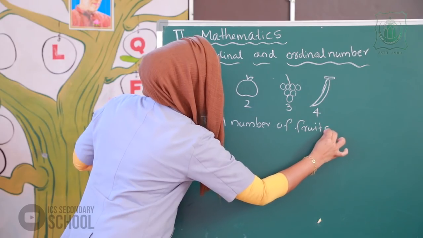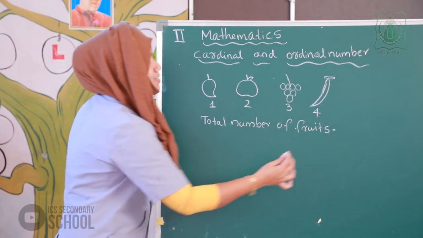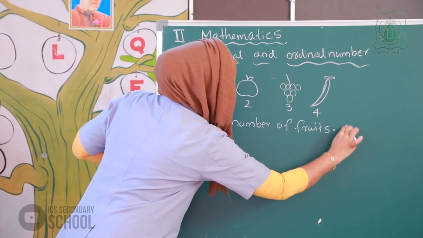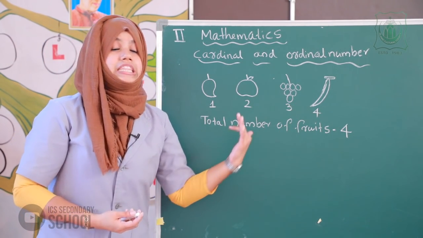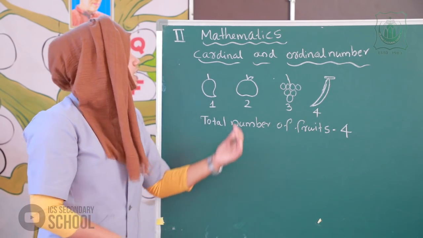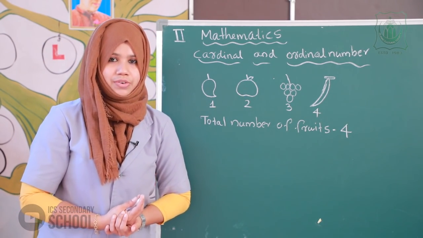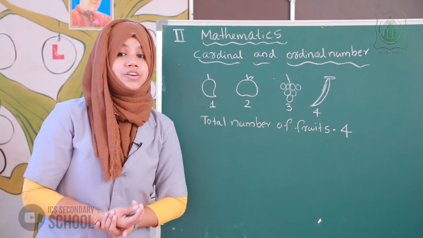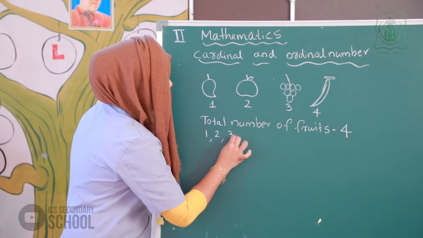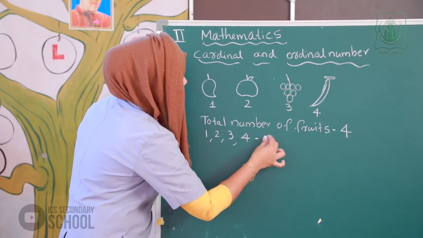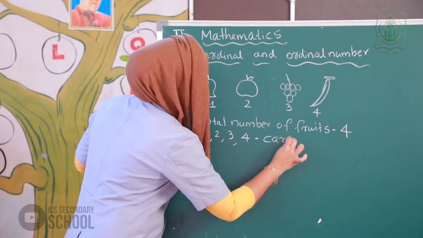How many fruits here? Yes, 4. Very good. 1, 2, 3, 4. These numbers are called cardinal numbers.